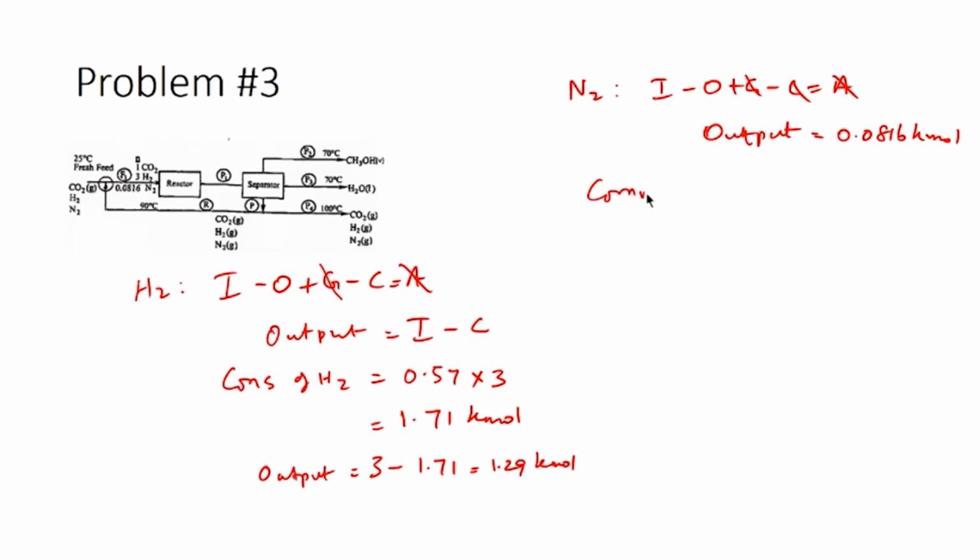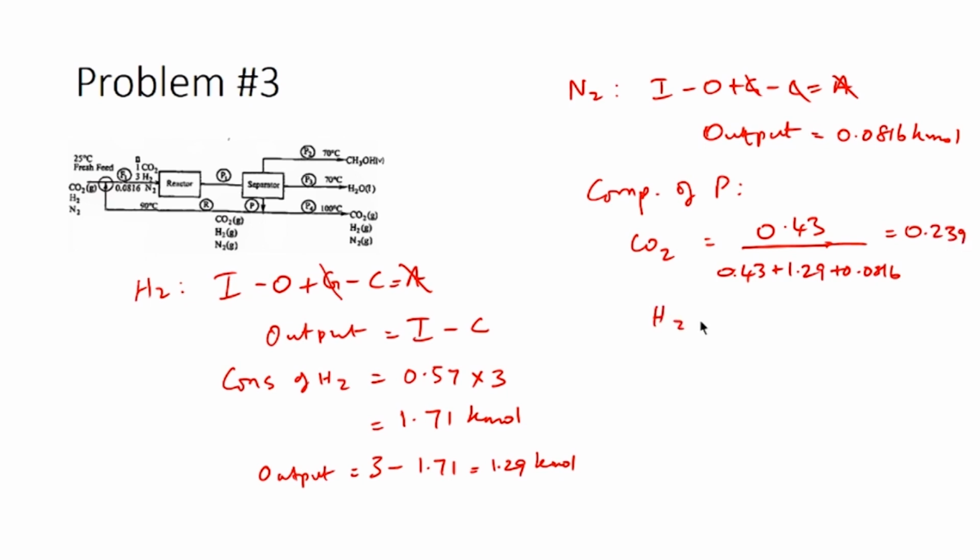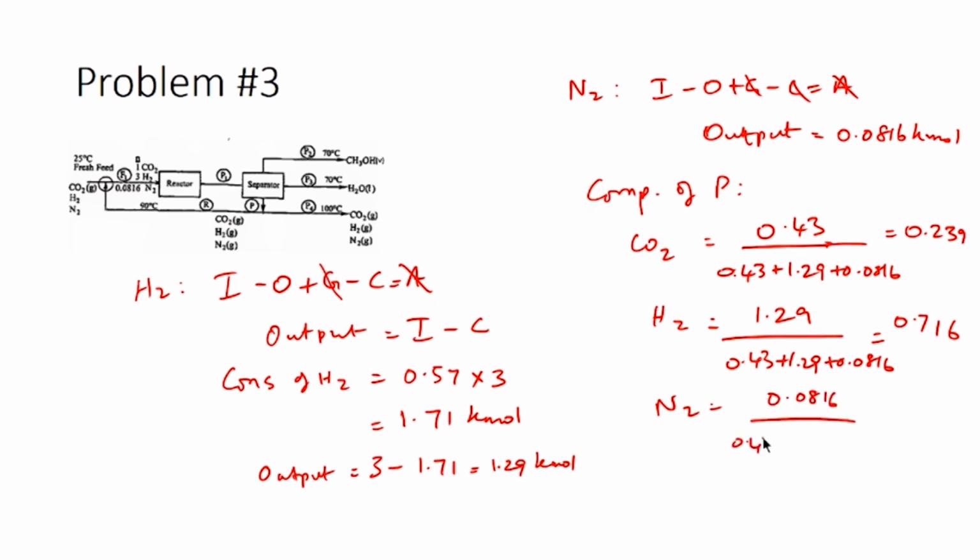Composition of P would be, it contains carbon dioxide, which is 0.43 divided by 0.43 plus 1.29 plus 0.0816, giving a mole fraction of 0.239, and we have hydrogen, which is 1.29 divided by 0.43 plus 1.29 plus 0.0816, giving a value of 0.716, and for nitrogen the composition would be 0.0816 divided by 0.43 plus 1.29 plus 0.0816, giving a value of 0.0453.